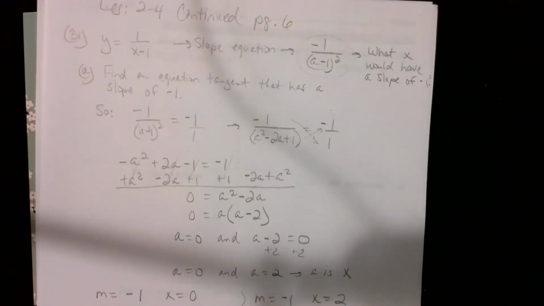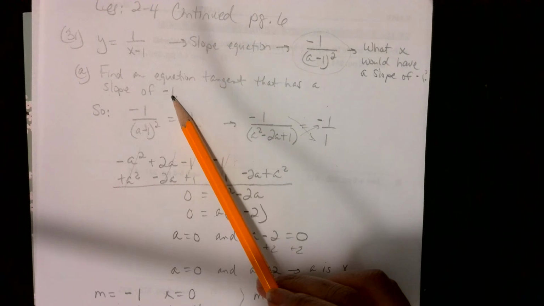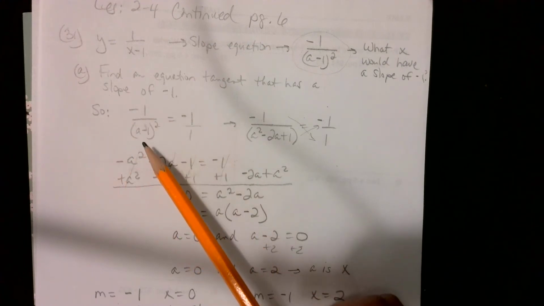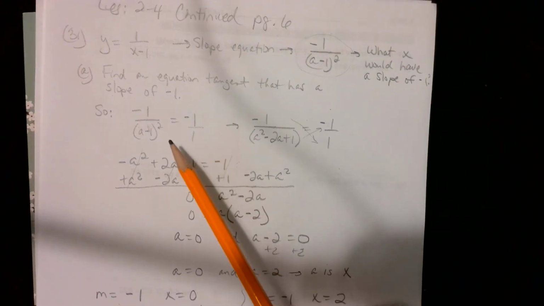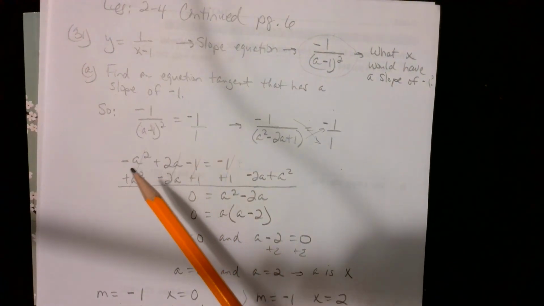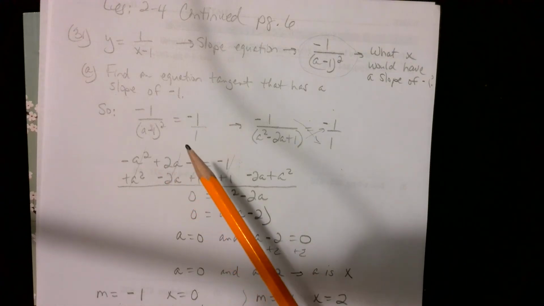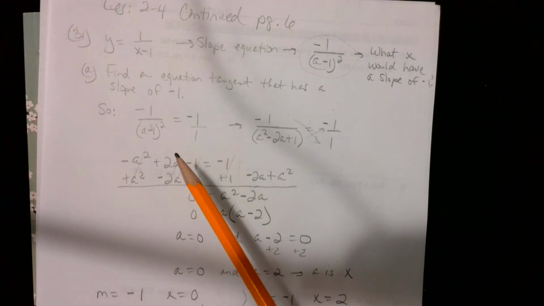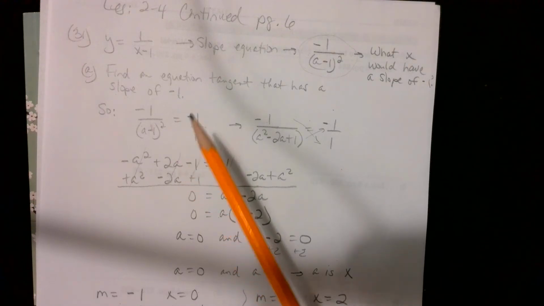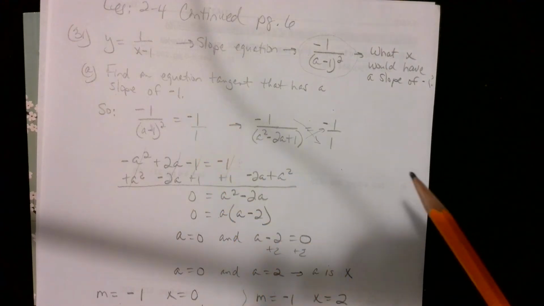So there was a 31a with the slope being negative 1. And there's a 31b, but the slope is a positive 1. And then they want you to find the normal. So with the slope being now a positive 1, that would be the normal equation because that's the opposite reciprocal of negative 1.